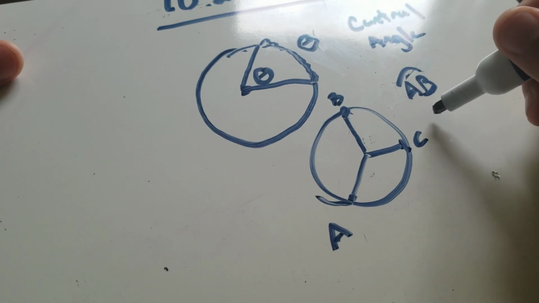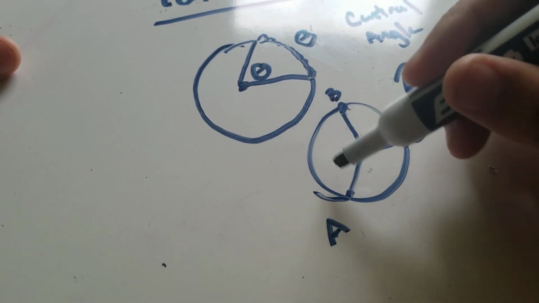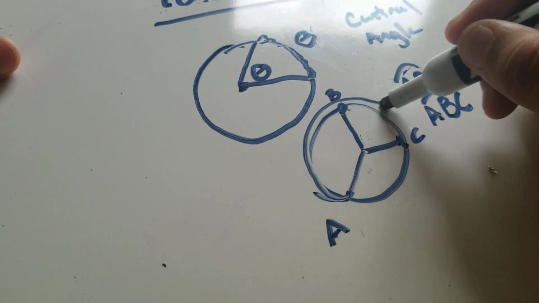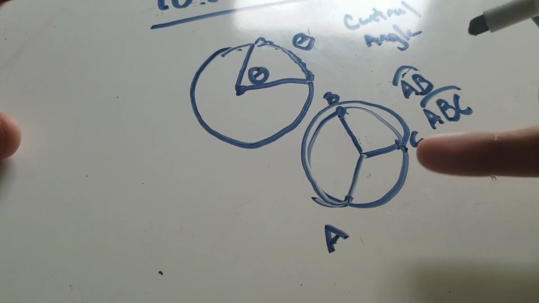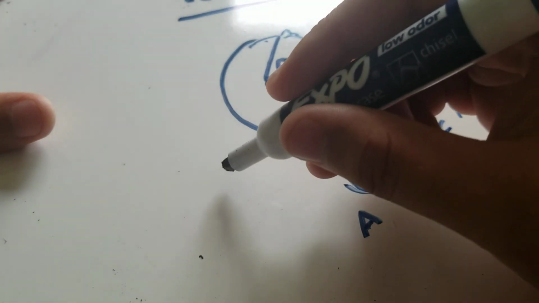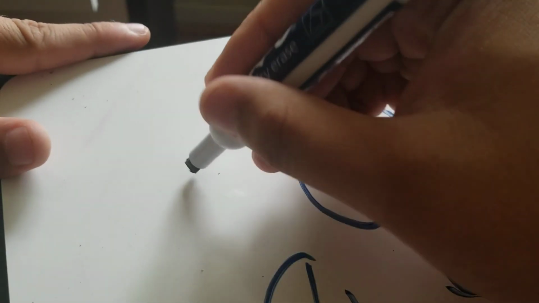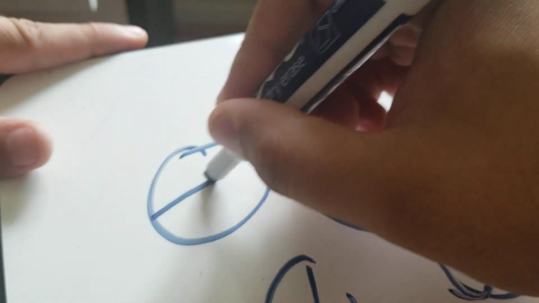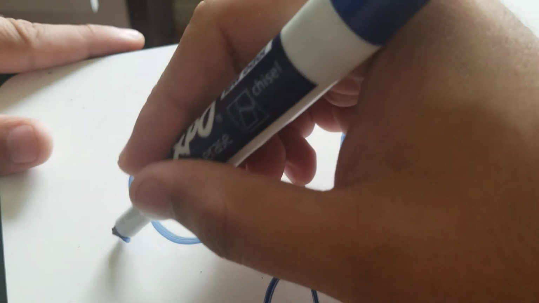So major arcs would be like arc ABC. And when I say arc ABC, I start at A, pass by B, get to C, and that's more than 180 degrees. So you have minor arcs, major arcs, and exactly at 180 degrees is a semicircle. So that's exactly 180 degrees.